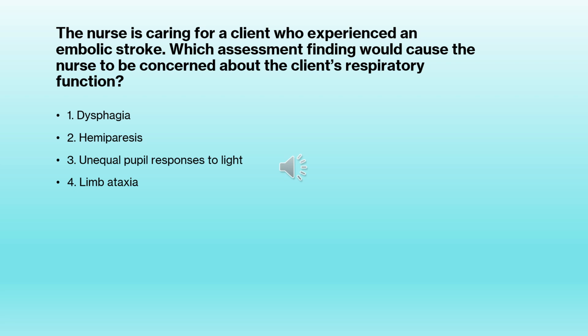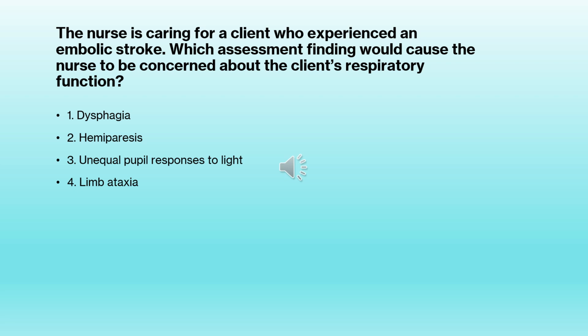The question is specifically asking which one would the nurse be concerned about regarding the client's respiratory function. Which one is going to directly impact or could directly impact the client's respiratory function?